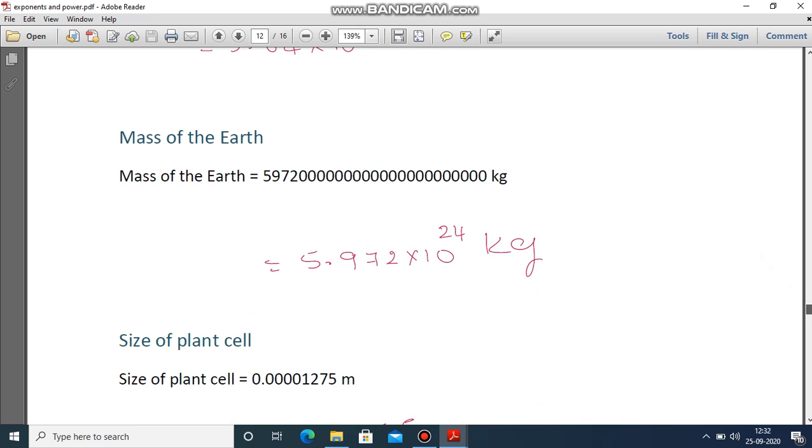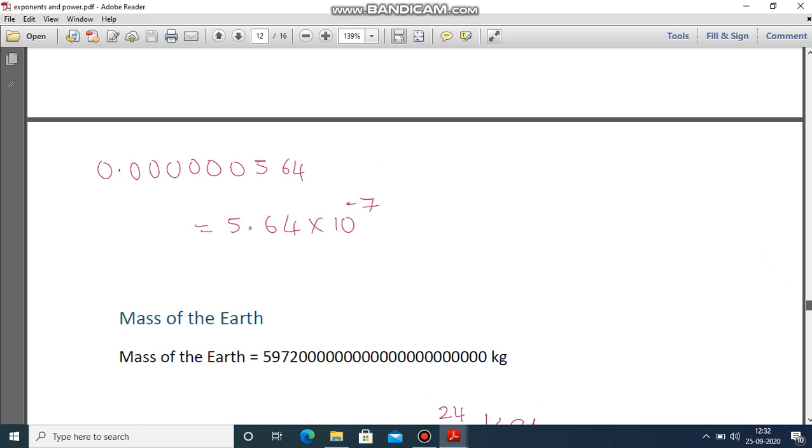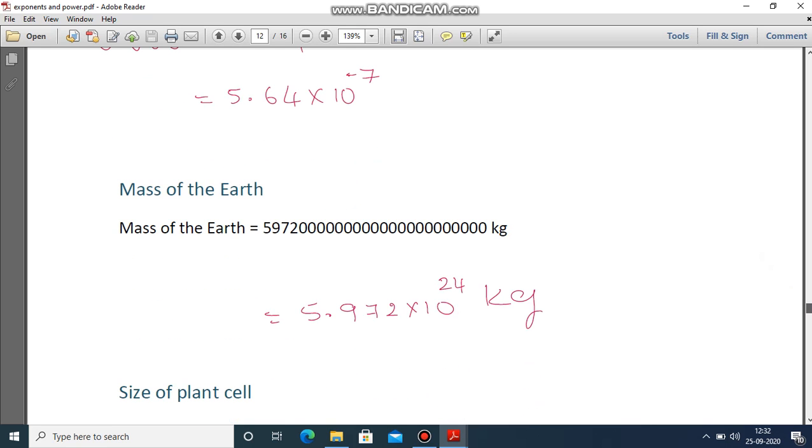Similarly, how can we write the mass of the earth? The mass of the earth is 5972 followed by 21 zeros kg. So how can we write this one?